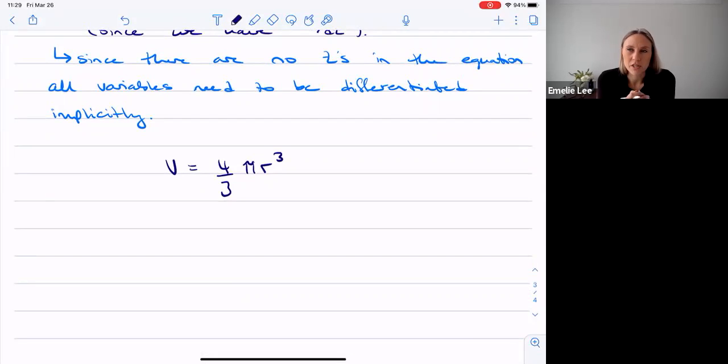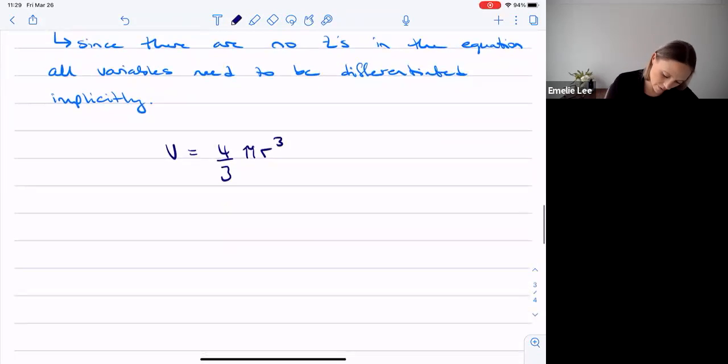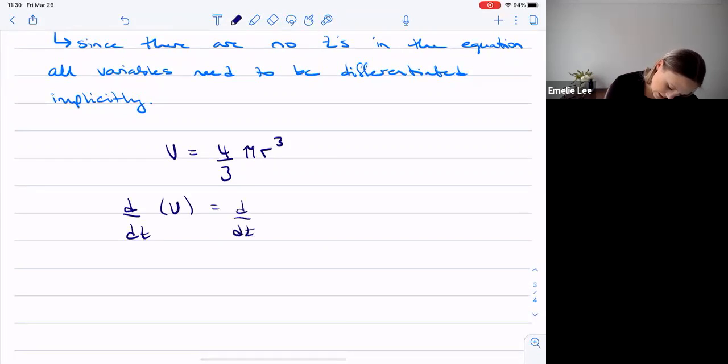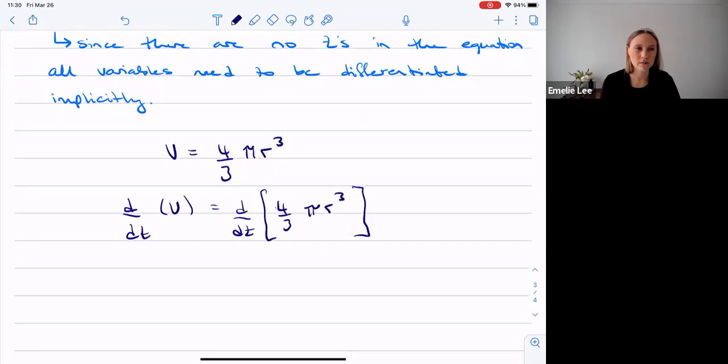So I want to differentiate both sides with respect to t. I'm going to do this nice and slow. I want to do d/dt of V is d/dt of 4/3 pi r cubed. So dV/dt comes from, well, the derivative of V with respect to V is just 1, right?